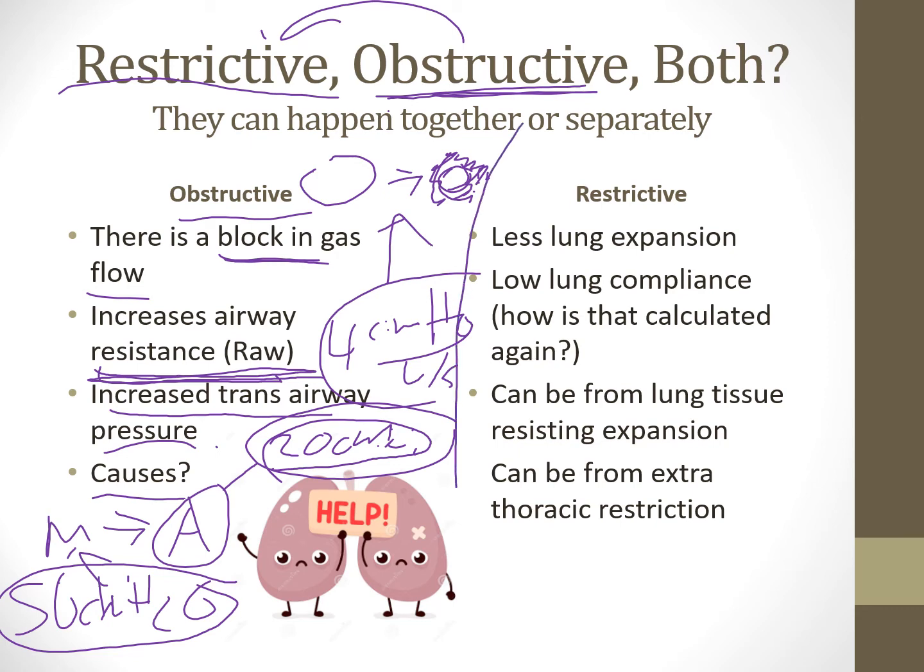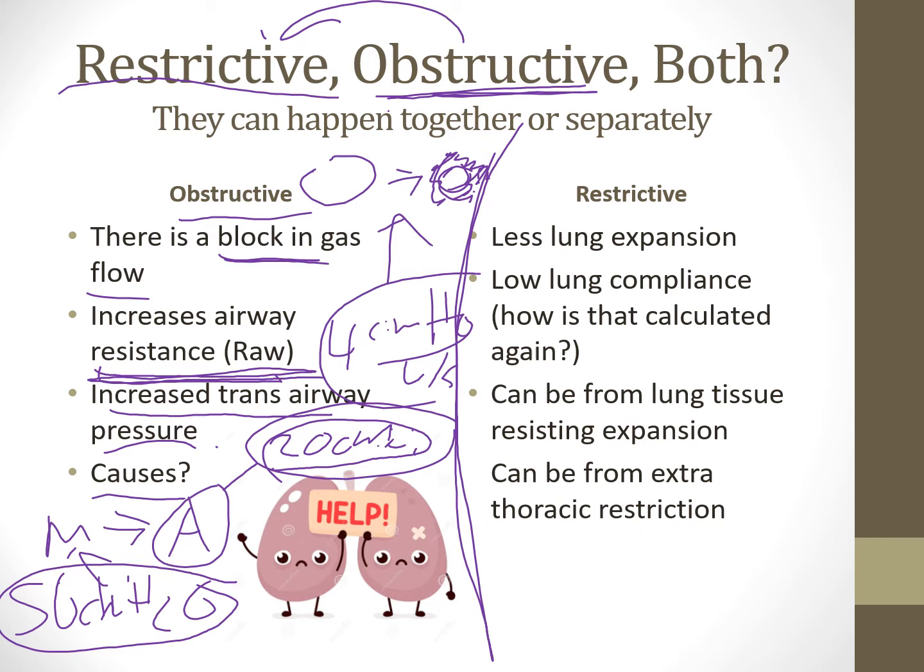Let's look at restrictive over here. Let's draw a separation line. Restrictive disorders, something's blocking the lung from expanding, whether it's something externally or something with the tissue itself. So when we're looking at this, it could be something like a kyphoscoliosis or a pleural effusion that's squishing the lung tissue from the outside, right?